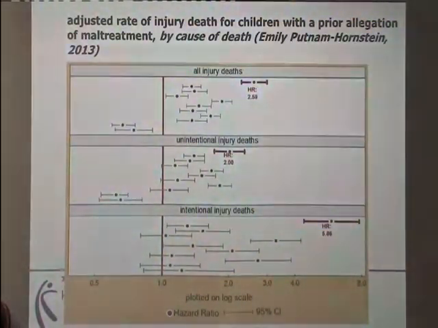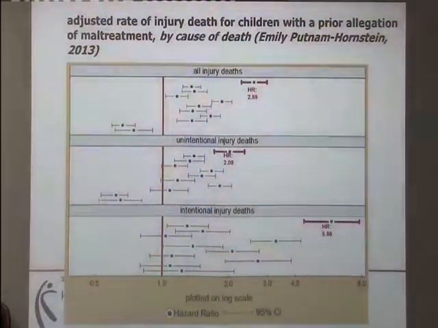So in all of these cases, having been reported to the child protection agency puts you at very, very high risk for a fatality. And certainly for intentional injury, a very, very high risk at an odds ratio of nearly 6.